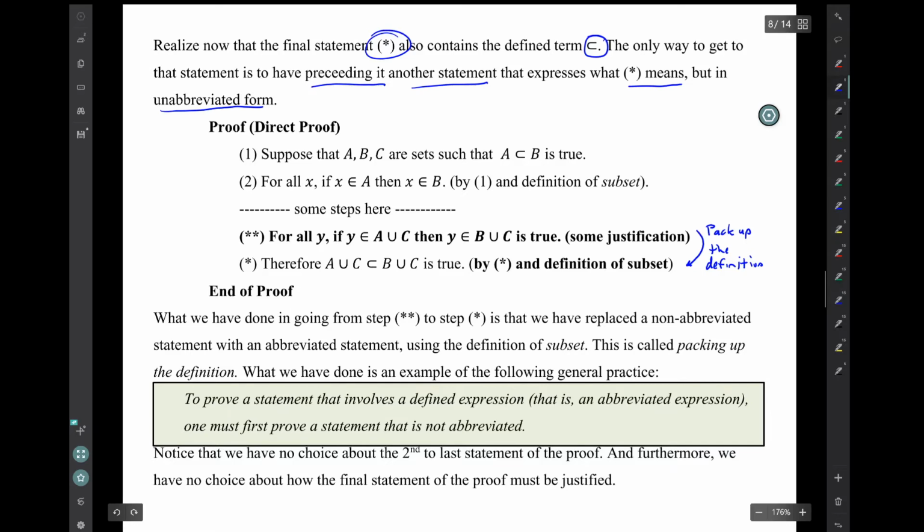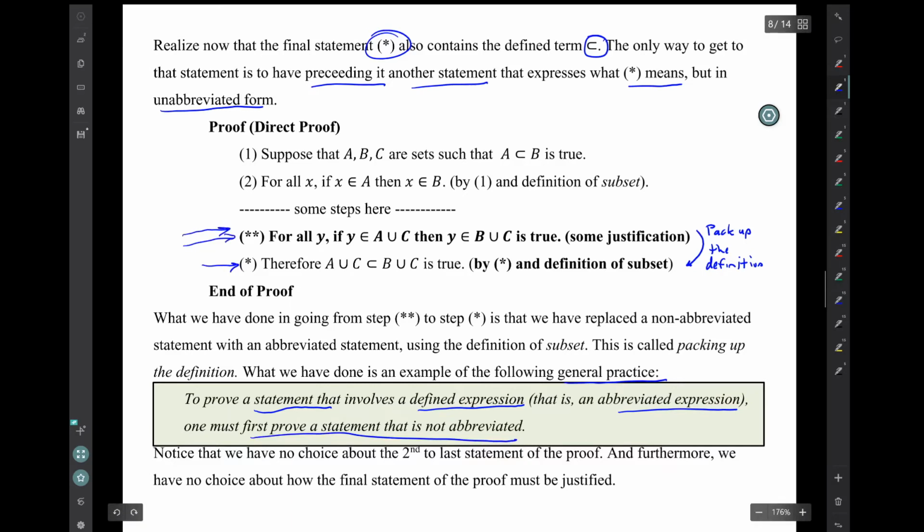So this is an example of the following general practice. If the goal is to prove a statement that involves a defined expression, that is, an abbreviated expression, you must first prove a statement that is not abbreviated. So our goal was to get to this abbreviated statement. So the only way to get there is to first prove this unabbreviated statement.